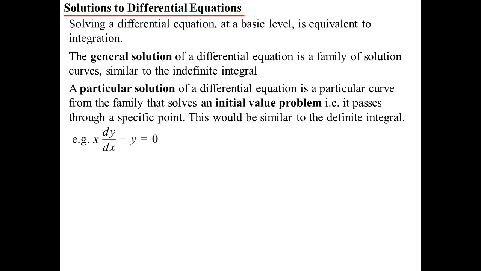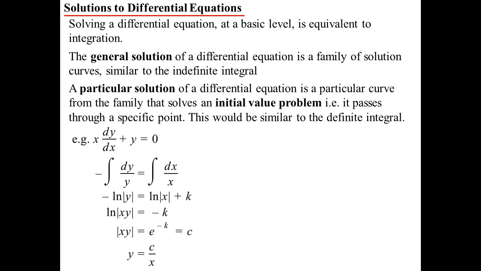Okay. So here is an example of one. x times dy dx plus y is equal to 0. Now this is why when we were doing integration, I was always saying, don't mix your variables. Because it's an equation, you're solving an equation, so what you do to one side, you do to the other.